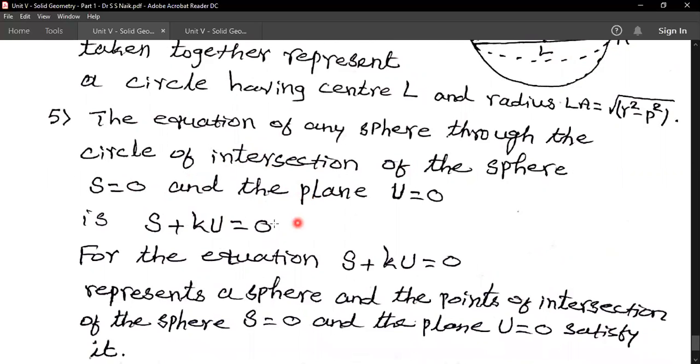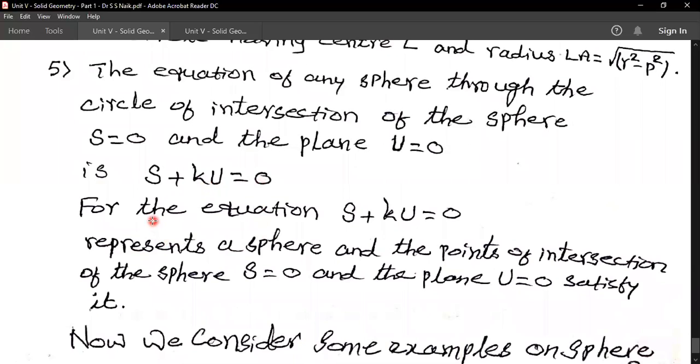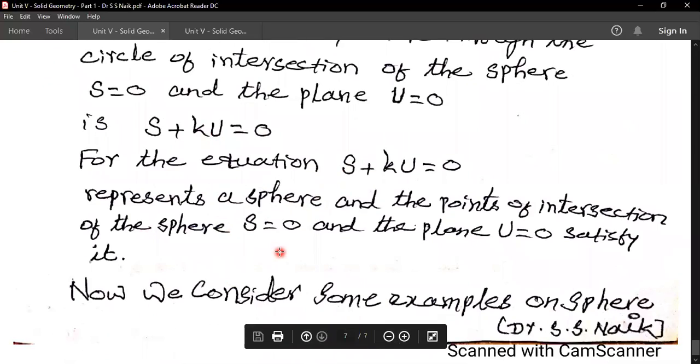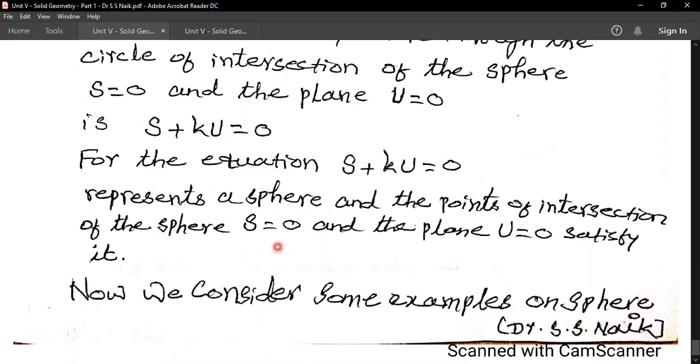That is, S plus KU equal to 0. The equation S plus KU equal to 0 represents a sphere, and the points of intersection of the sphere S equal to 0 and the plane U equal to 0 satisfy it.